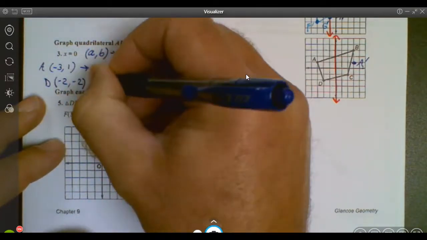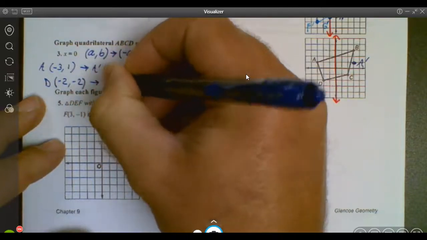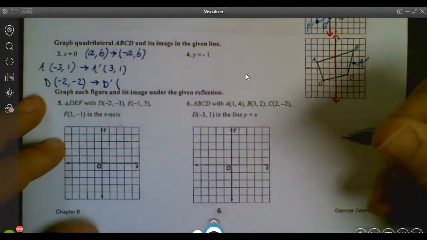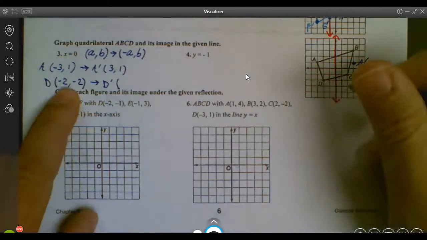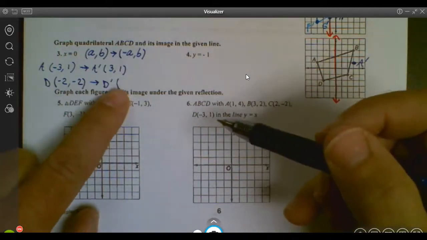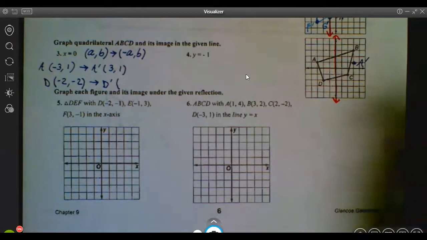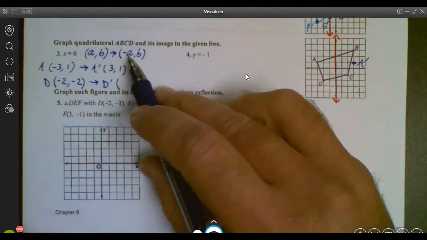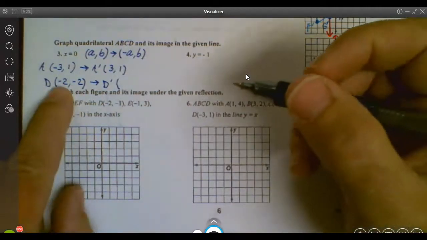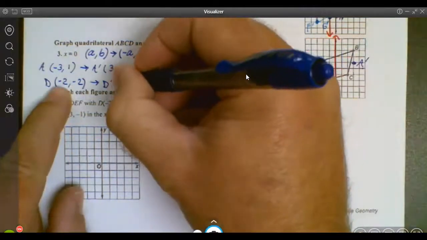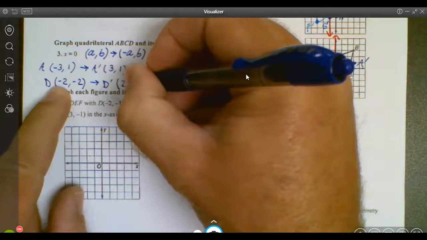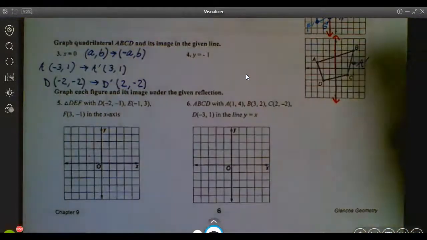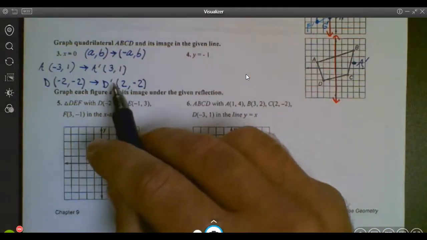Without even looking at the graph, maybe they're just giving you this, and they're saying, what would D prime be? Where would the image go? If I just apply the rule, change the sign of your x coordinate, what was negative 2 is going to become positive 2. My y coordinate does not change. And there we go. We have the image of D.